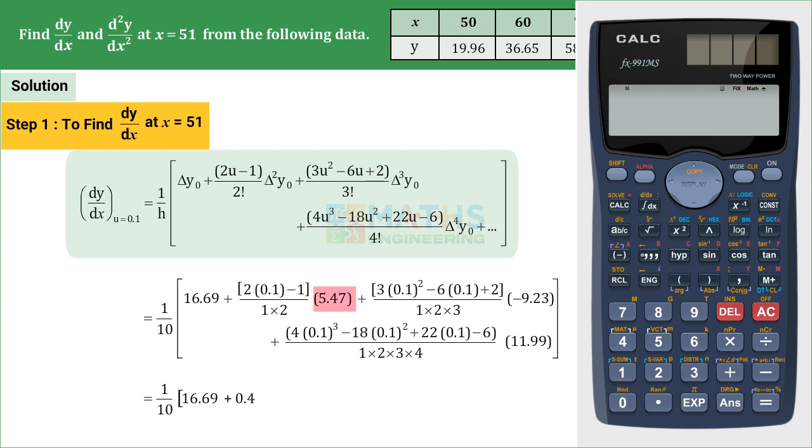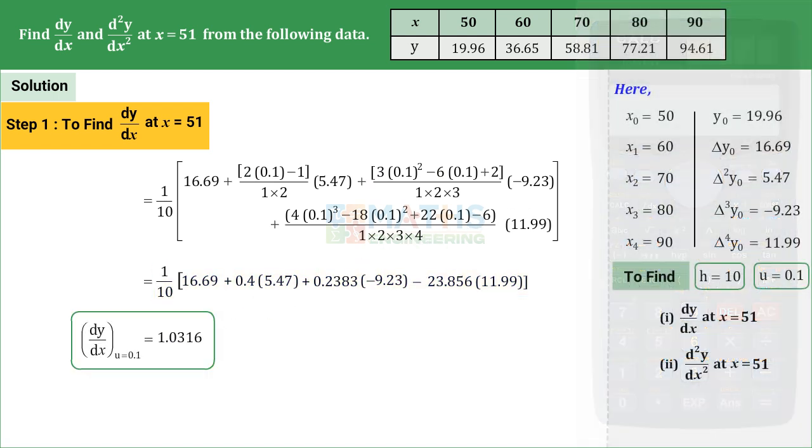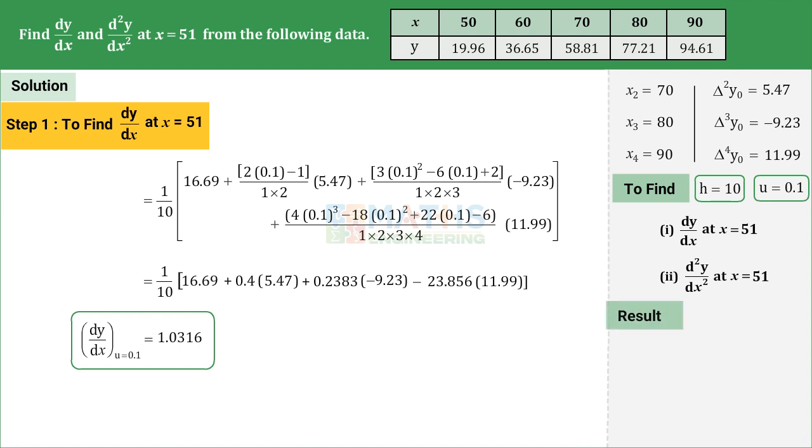Make it carefully. When typing, you type all the terms in the numerator within a bracket divided by all the terms in the denominator within a bracket. Simplify this expression. We get 1.0316. This is the value of the first derivative.